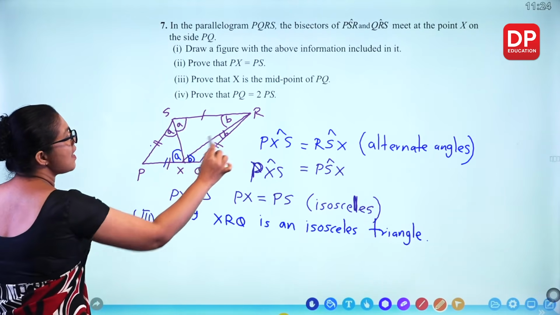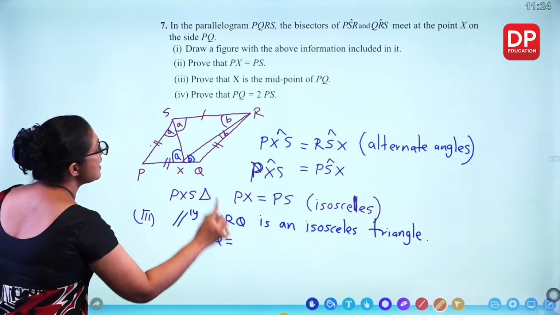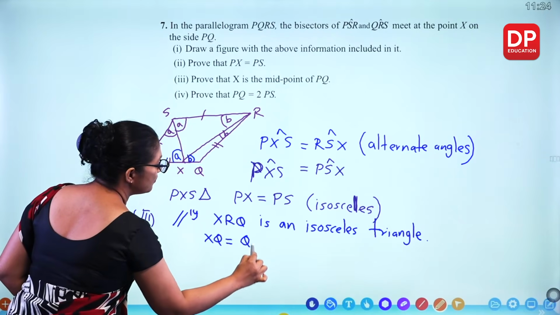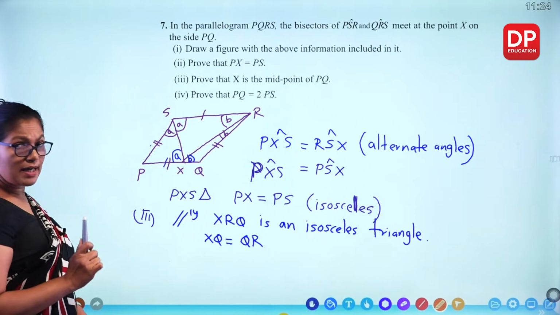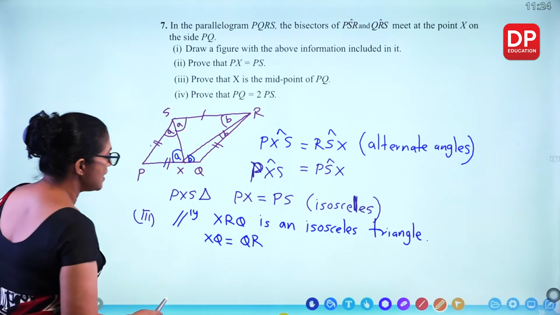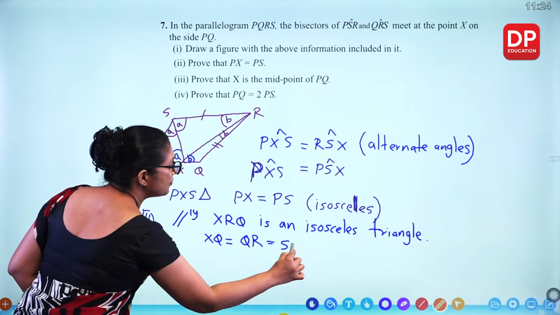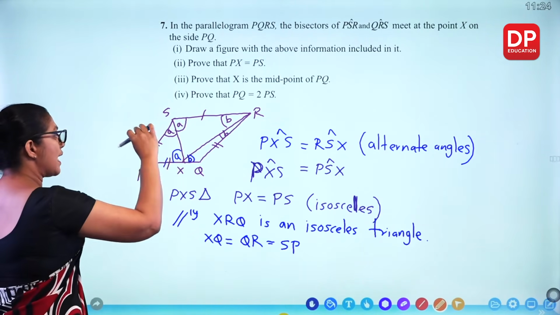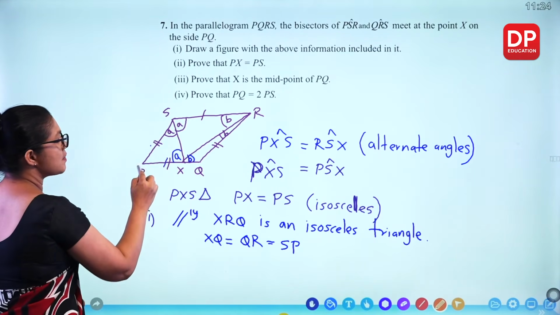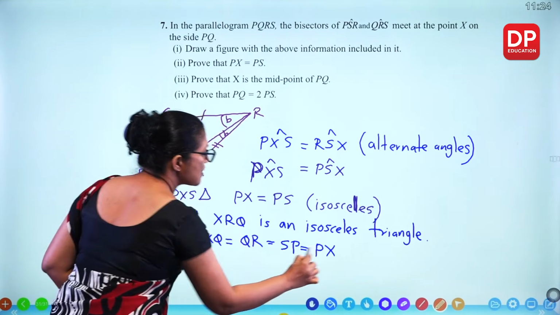So if this is isosceles, that means XQ is equal to QR. But we know QR is same as SP. SP we found using the first part. SP is same as PX.